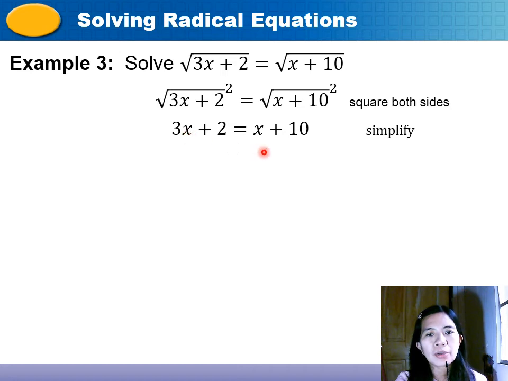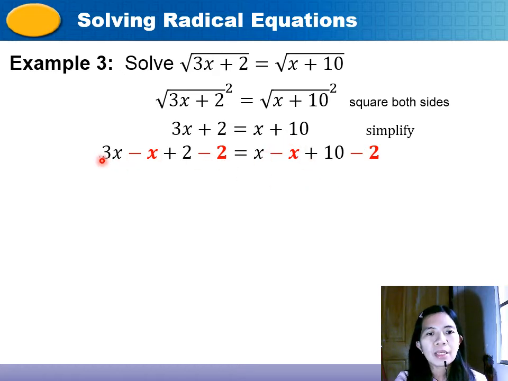So here we are going to simplify by combining like terms. So we have here x minus x. So we subtract x from both sides, then subtract 2 from both sides.